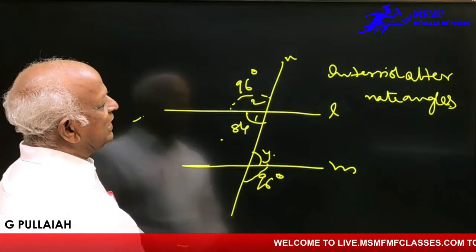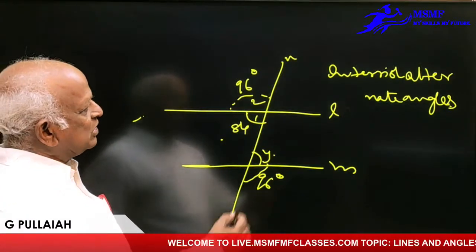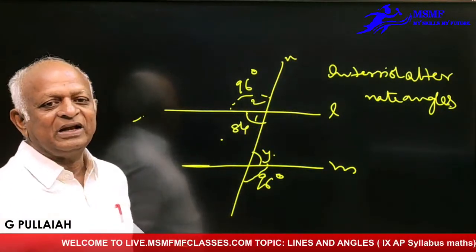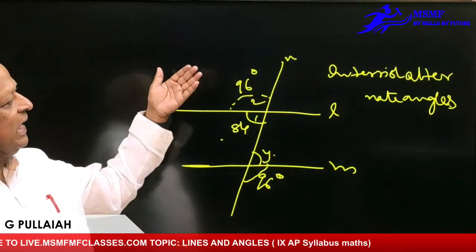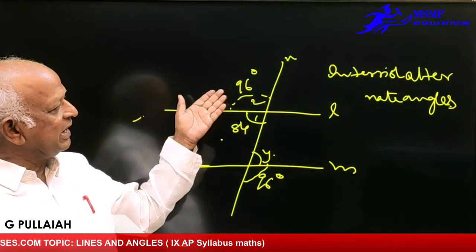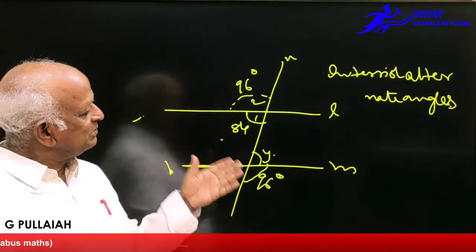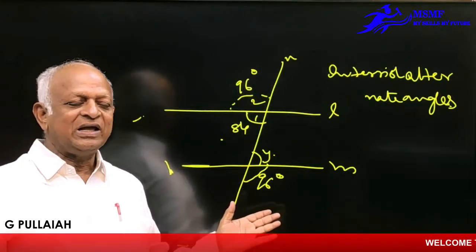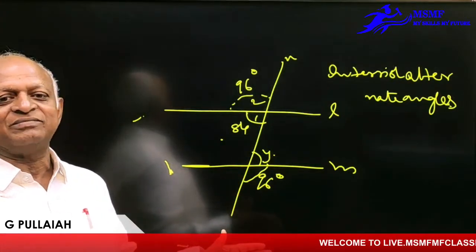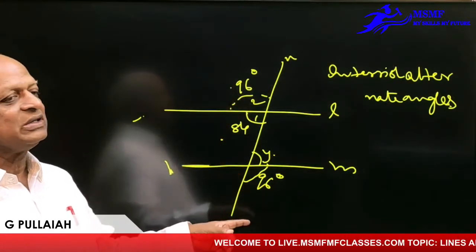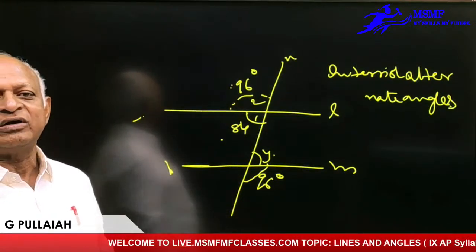So think very carefully about what we observe here. N is the transversal, and this 96 degrees here is the exterior angle on one side of the transversal. Similarly, this 96 is the exterior angle on the other side of the transversal. These two are the exterior angles and these two are the alternate angles.